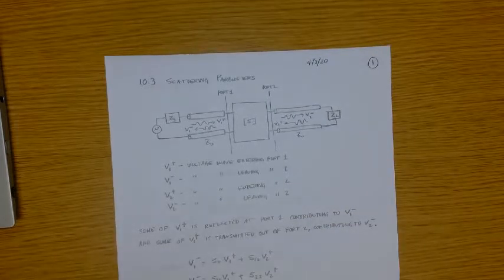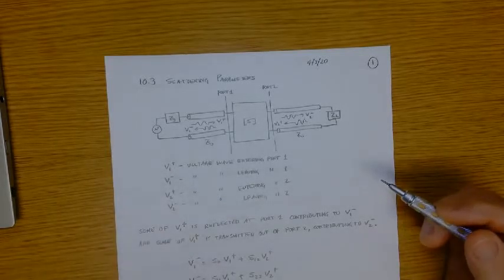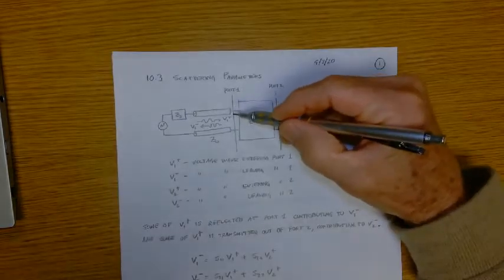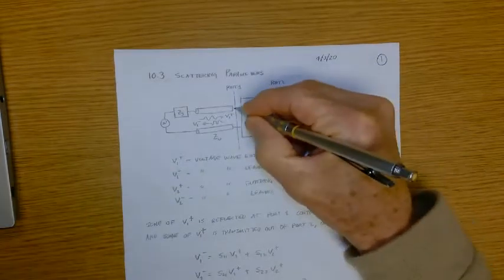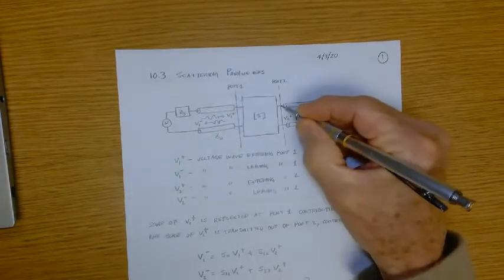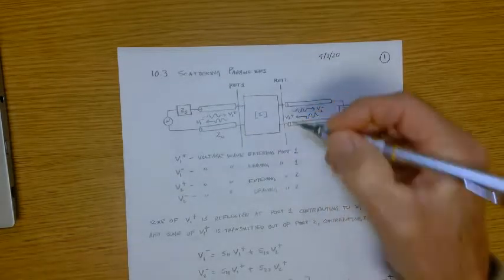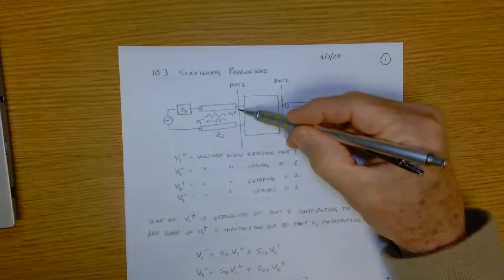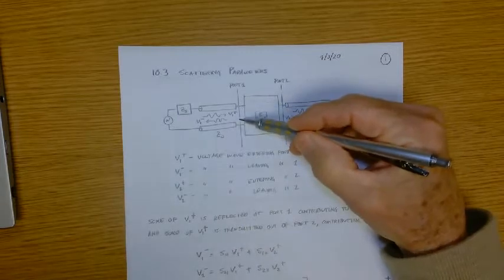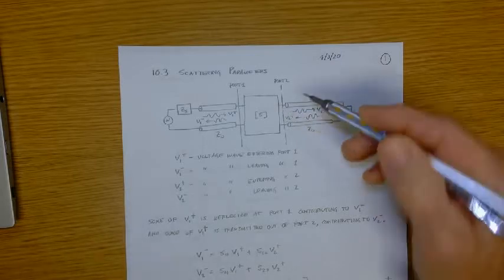So the scattering matrix representation is in terms of voltage waves, okay? So we have a forward voltage wave at this port. This is the so-called input port, or rather port 1, and this is port 2. At port 1, there's a forward traveling voltage wave and a back traveling voltage wave. Similarly, at port 2, there's a forward and back traveling voltage wave.